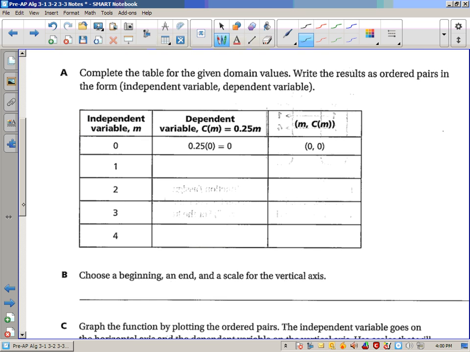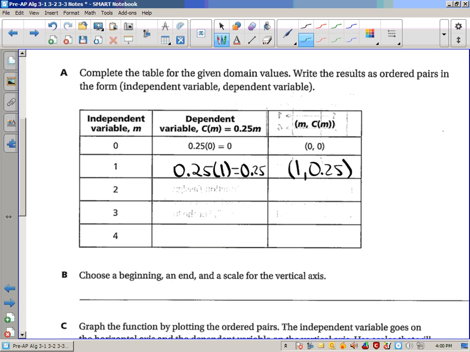So what they're telling us to do is to plug in my input values into this function, perform the function rule, which in this case would be multiplying by 0.25, and then write it as an ordered pair, input, output. Later on we're going to graph these points.